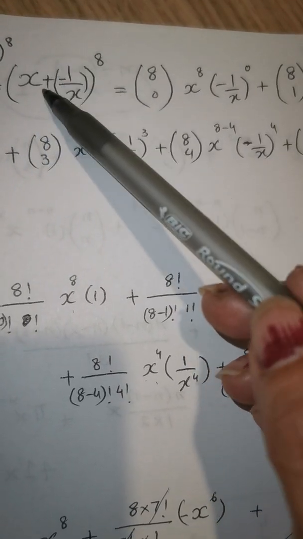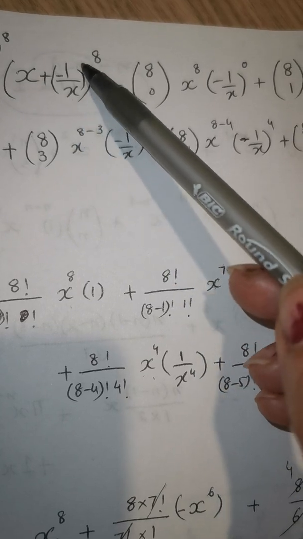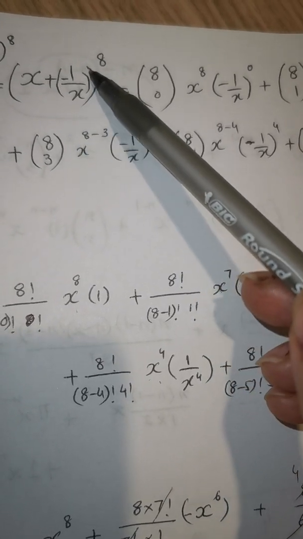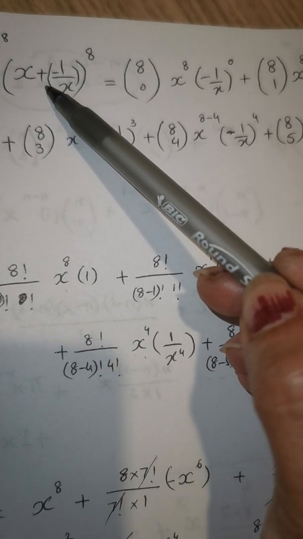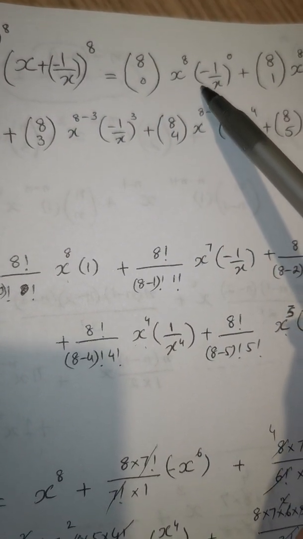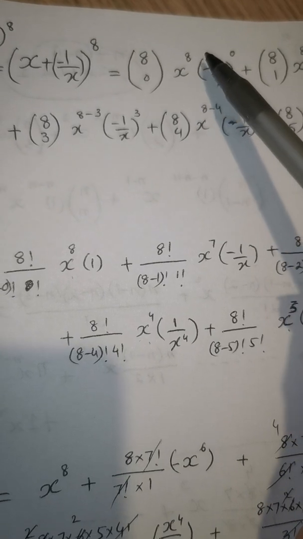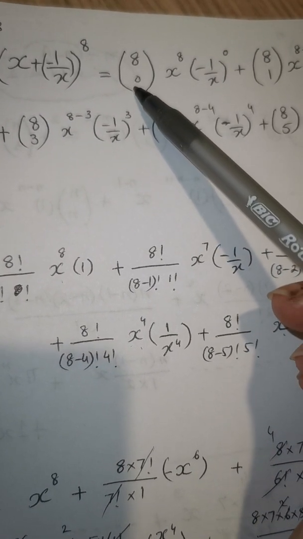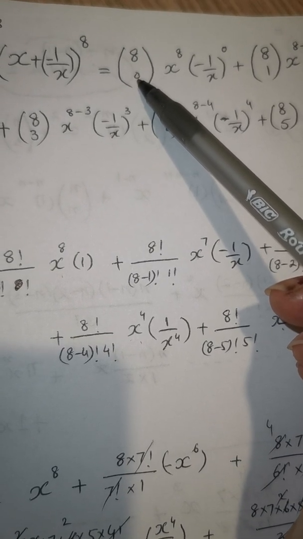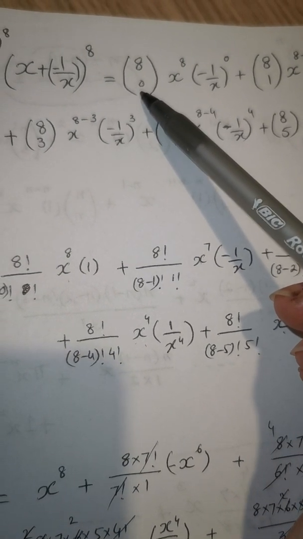And the second term, minus 1 over x, I will use whole in parentheses, and its power will be 0. This is the first thing.